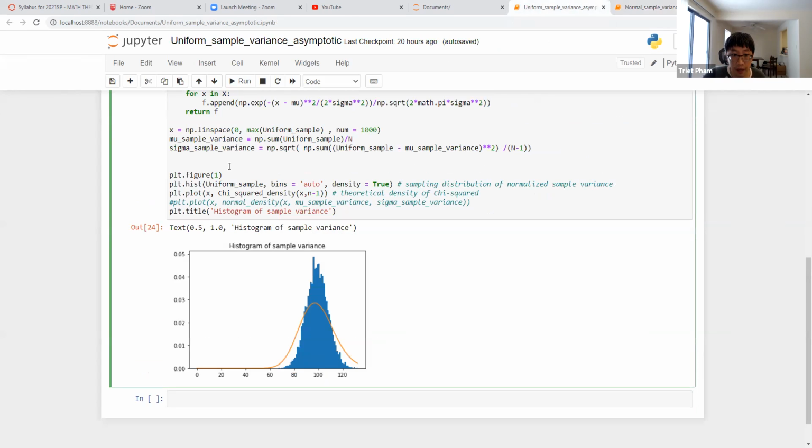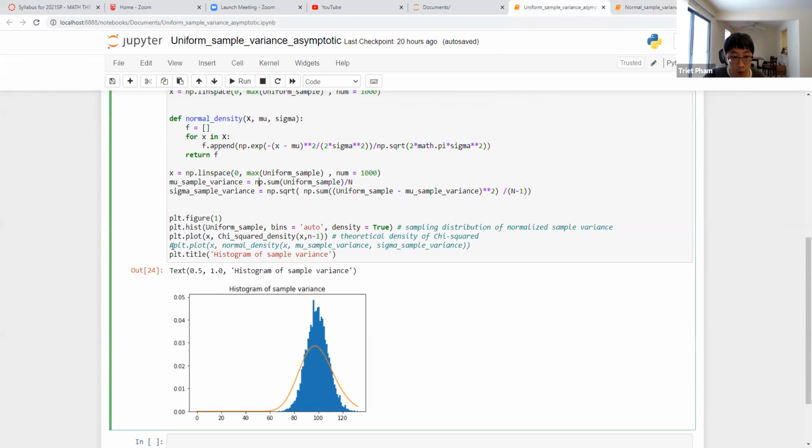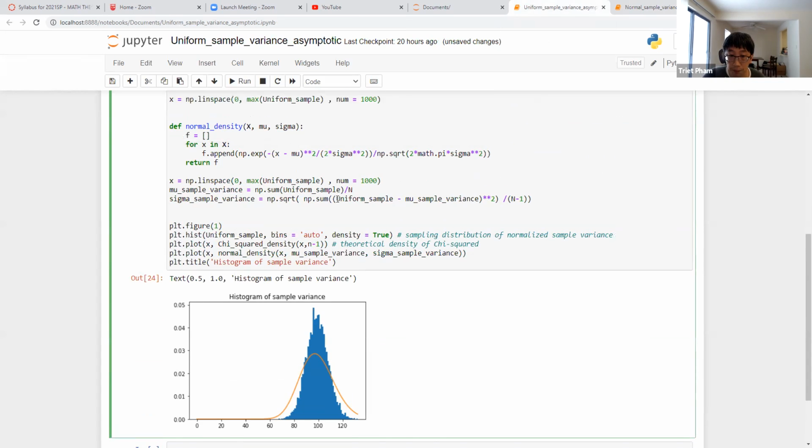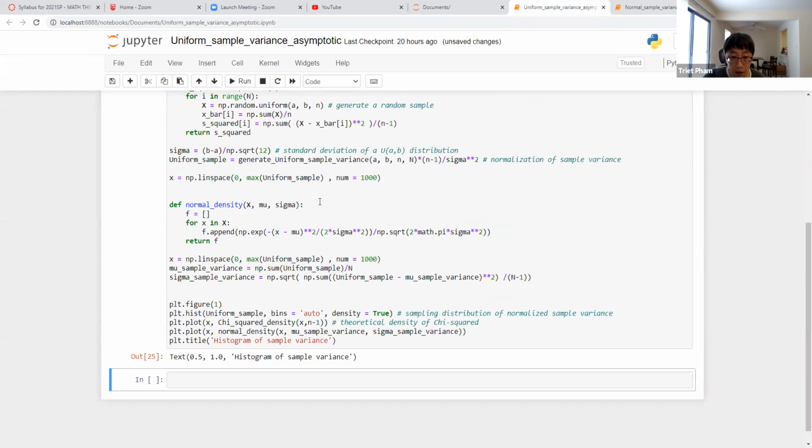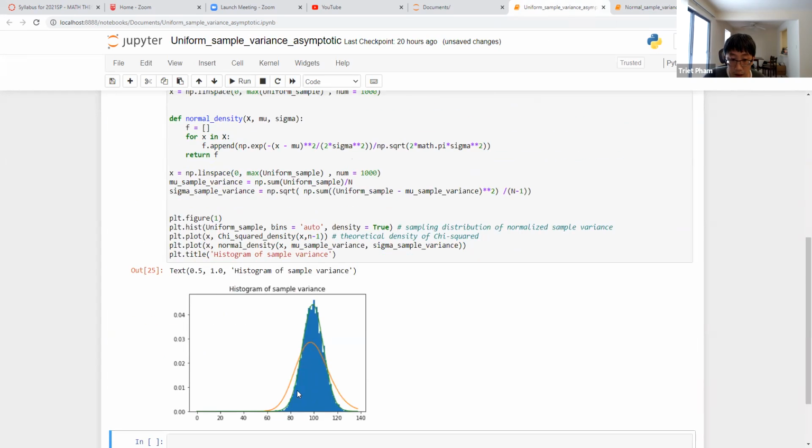Now, same thing, I will superimpose the normal density on the plot. There, you see this tightly snug curve. This is the normal density using, by the way, the sample average of the sample variance, if you understand what that means.